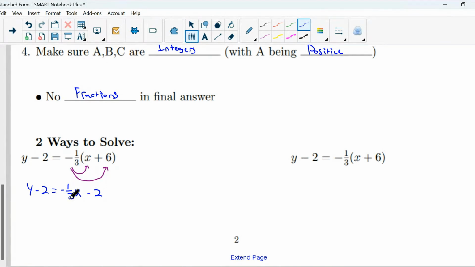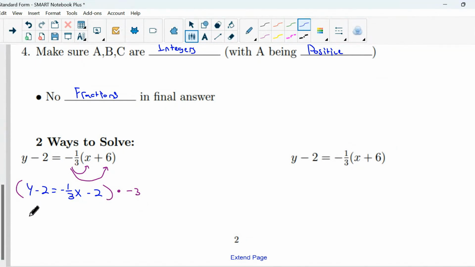Okay, from here, like we talked about above, I need to undo this fraction. So we need to multiply everything by our denominator, which in this case can be negative 3, just to get rid of our negative here.